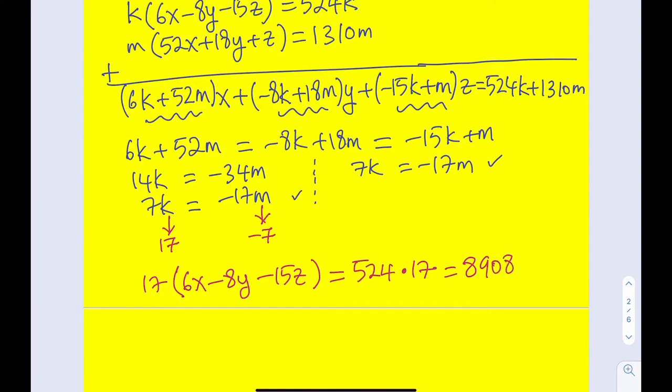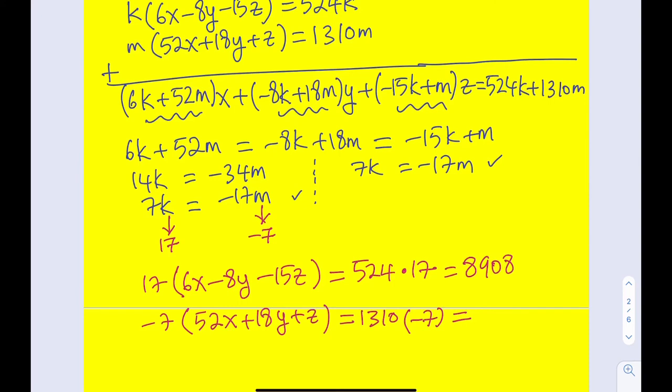And then I'm going to multiply the second equation by m, which is negative 7. I'll distribute next time, 52x plus 18y plus z inside the parentheses. And on the right-hand side, I have 1,310 multiplied by negative 7, which is the value of m.